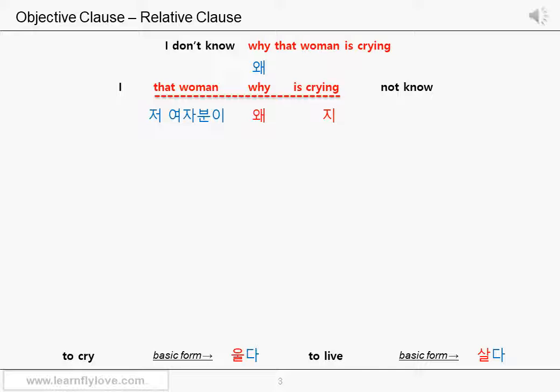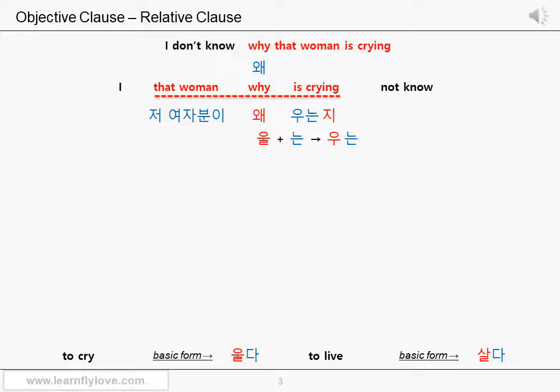Is crying. Let's just use the present simple tense this time again. 울 plus 는 becomes 우는, and 지, 우는지. That woman, why, is crying. 저 여자분이 왜 우는지.